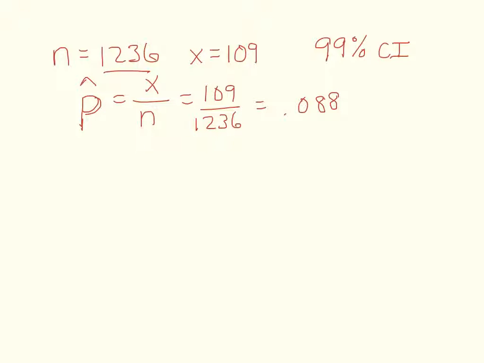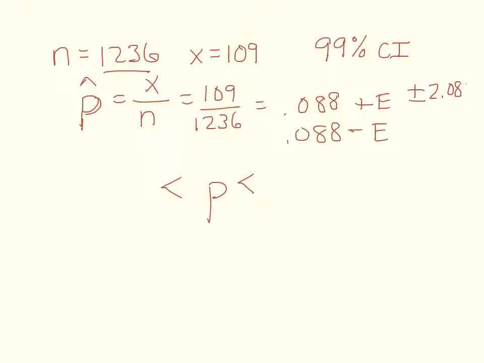So the true population proportion is going to lie between our p hat plus our margin of error and our p hat minus our margin of error. And to find that margin of error, I'm going to go to that website. I'm not going to put it on here, but I'll do the calculations off to the side. And when I run those calculations in that website, it gives me a margin of error of plus or minus 2.08.